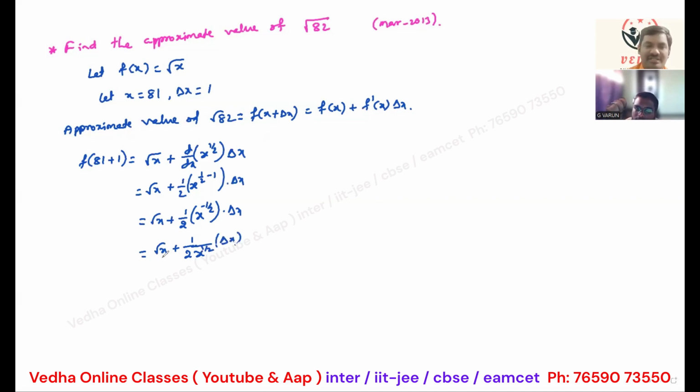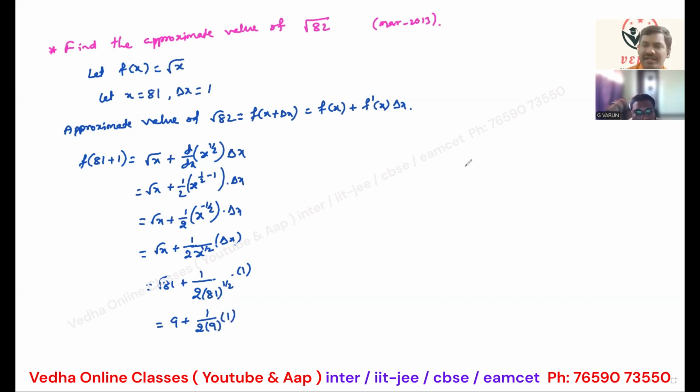Now substitute x equal to 81 and delta x equal to 1. Root 81 is 9, plus 1 by 2 into root 81, which is 9. So we get 9 plus 1 by 2 into 9 into 1.